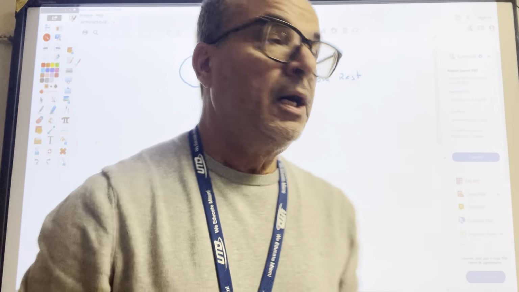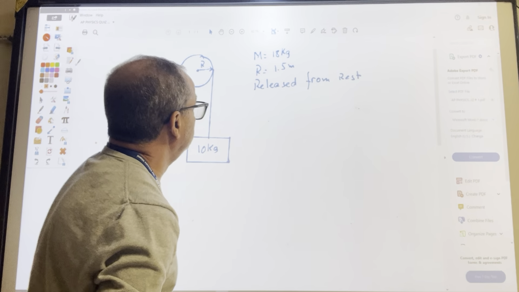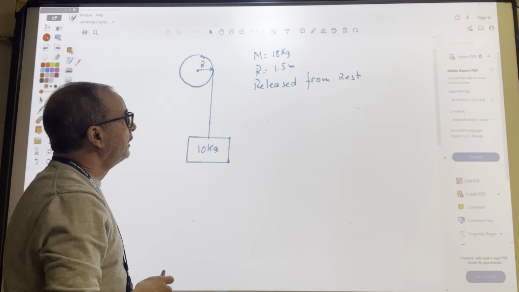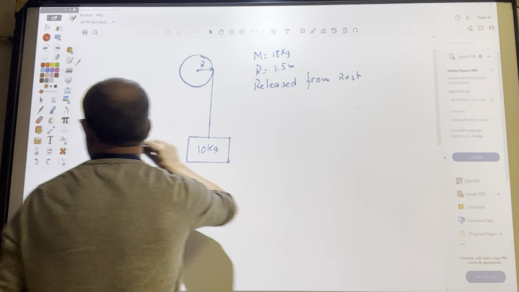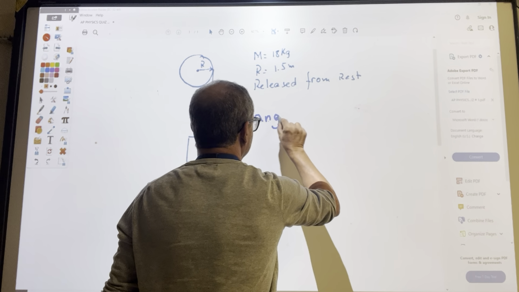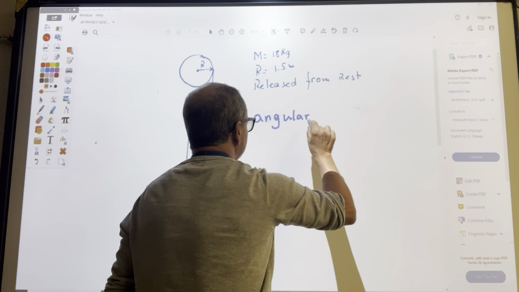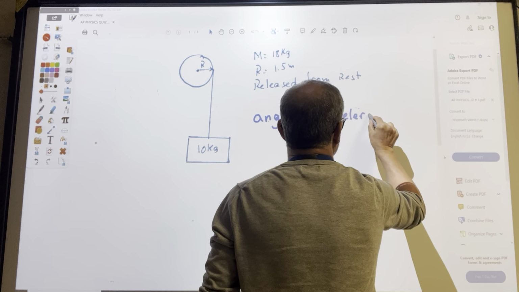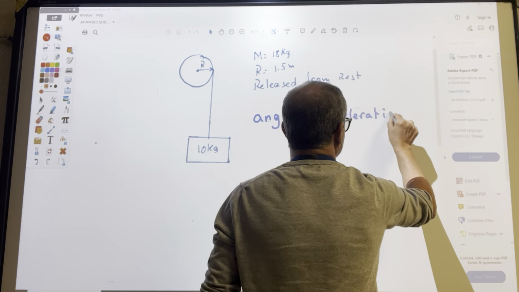There we go. All right, so this problem is asking us to use Newton's second law for the rotational motion. And then they're asking to find the angular acceleration, which is alpha.